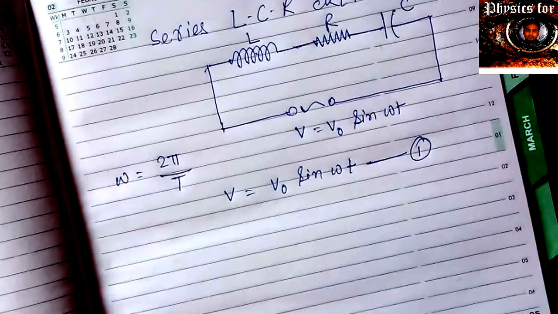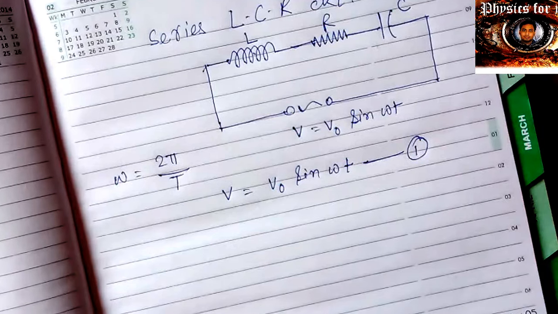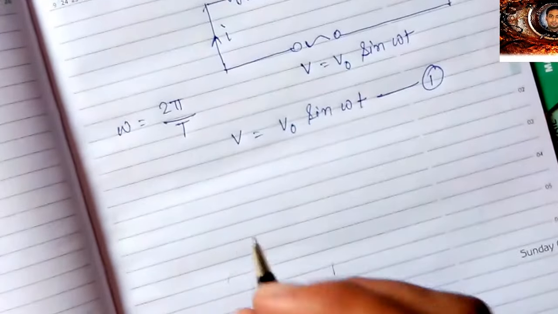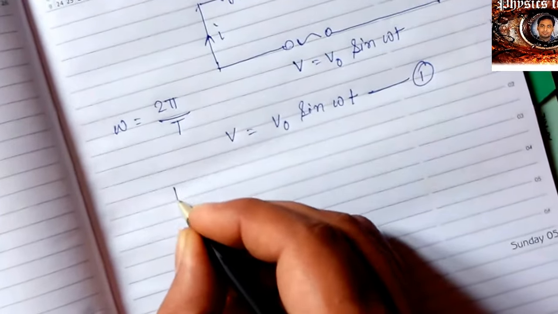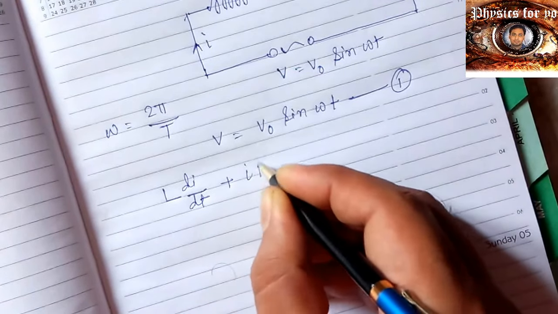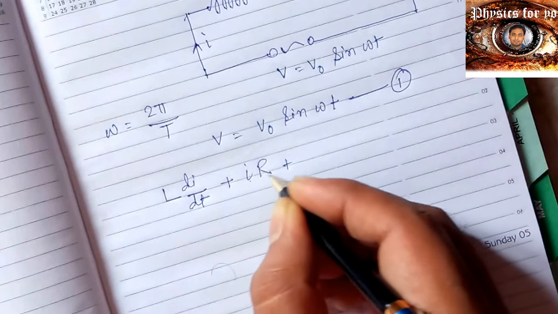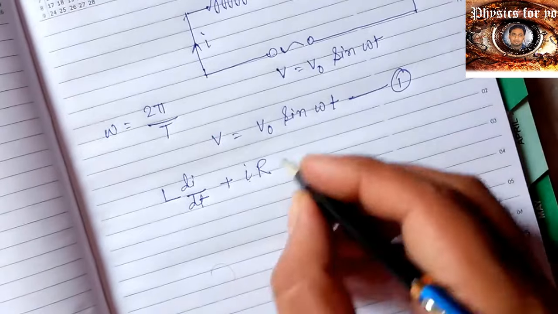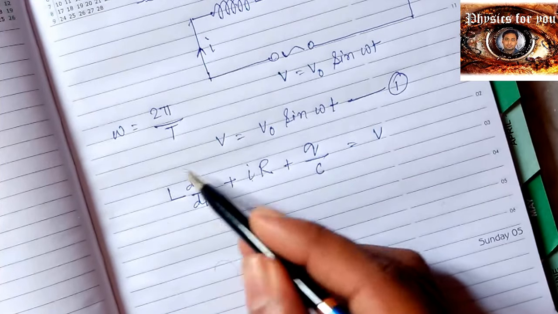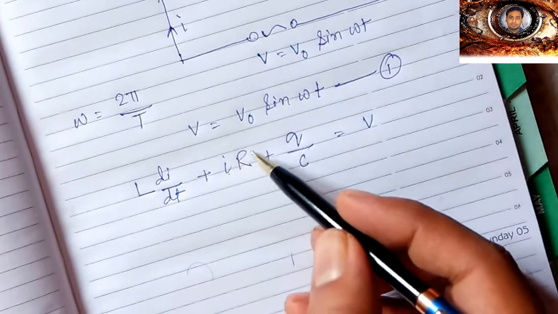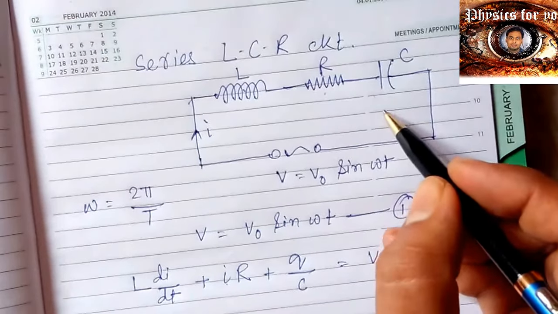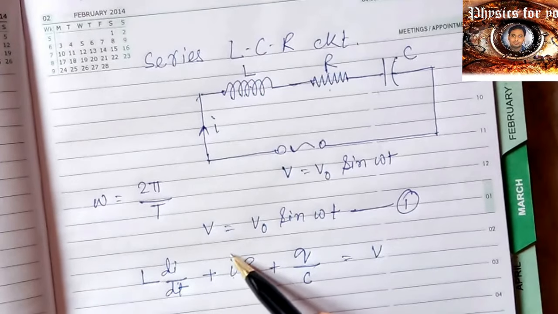If small q is the charge on the capacitor and I is the instantaneous current at any time t, then the instantaneous EMF equation is written as L di by dt plus the drop across the resistance, IR, plus the drop across the capacitor, Q by C, equal to the applied voltage V. This is the drop across the inductor, the induced back EMF, this is the drop across the resistance, and Q by C is the drop across the capacitor.